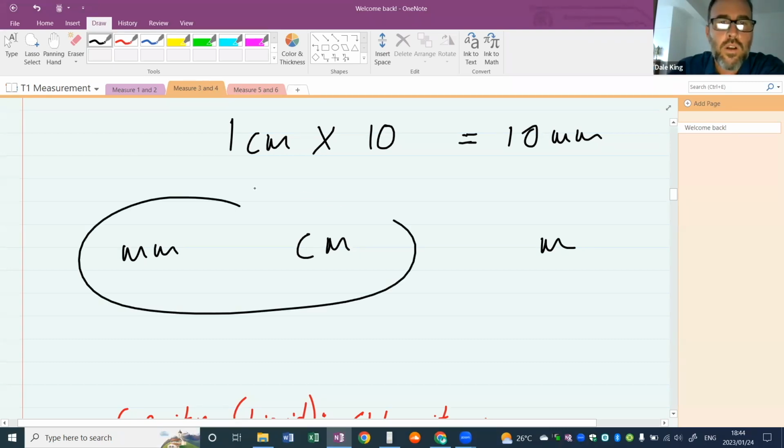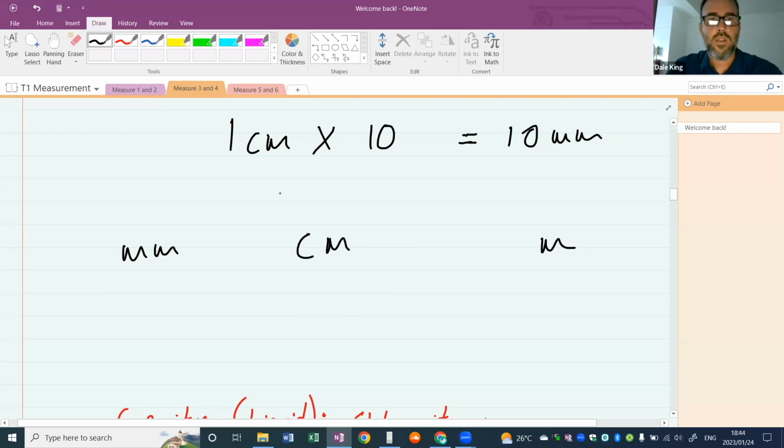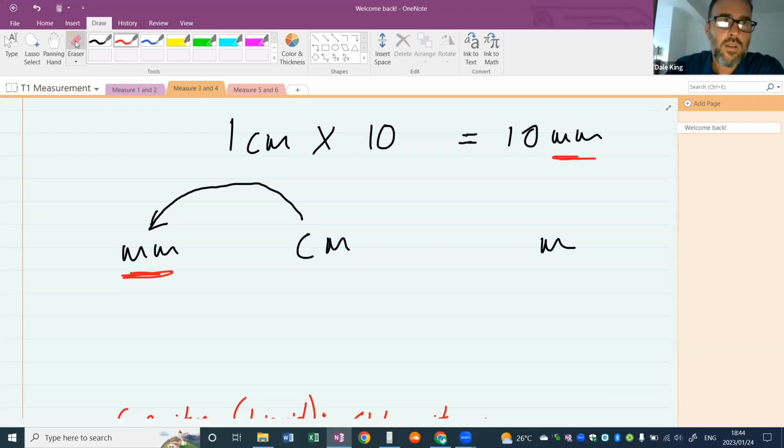But we're focusing on millimeters and centimeters. A diagram to help you understand what to do to times or divide is you draw an arrow saying I'm going from this unit of centimeters down to my unit of millimeters. So my millimeters is going to be in my answer. So I'm going from the question to my answer.